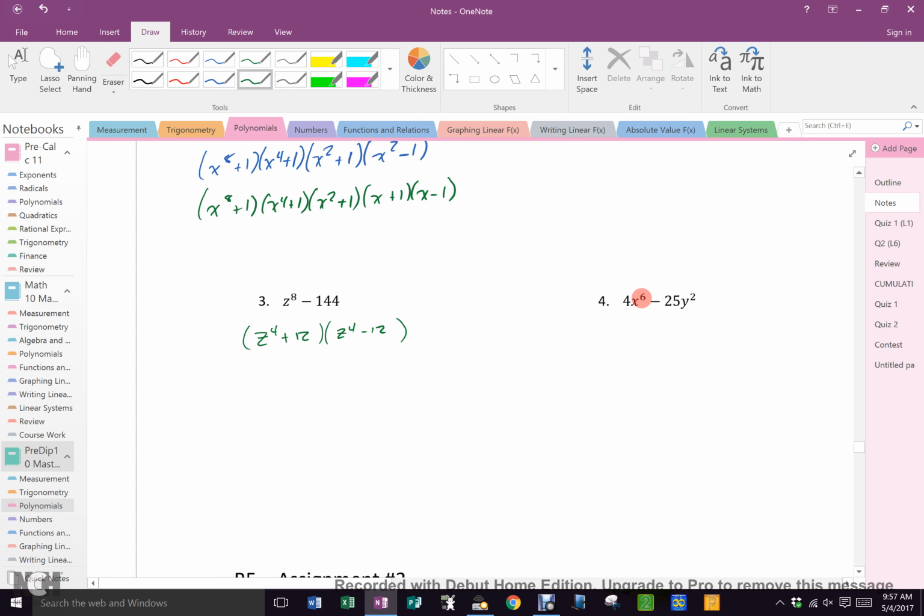Is x to the 6th a perfect square? Yeah. Is it minus? Yeah. Is 25 a perfect square? Yeah. Is y squared a perfect square? Yeah. So I can do this. What is the square root of 4x to the 6th? 2x cubed. Plus, what is the square root of 25y squared? 5y. And then I just do it again.